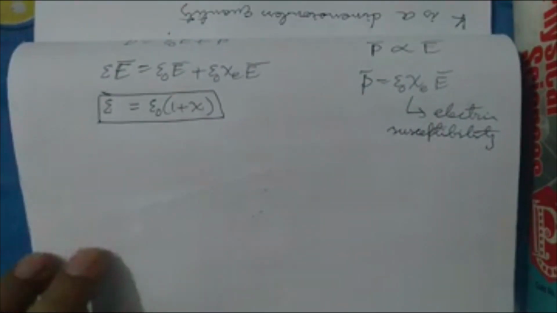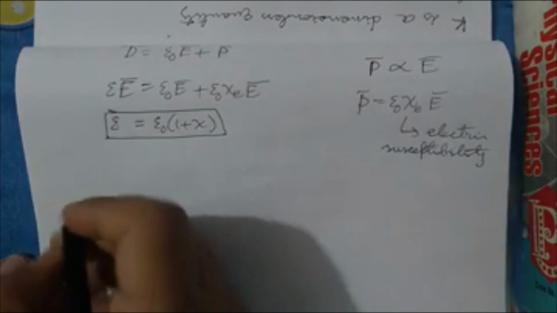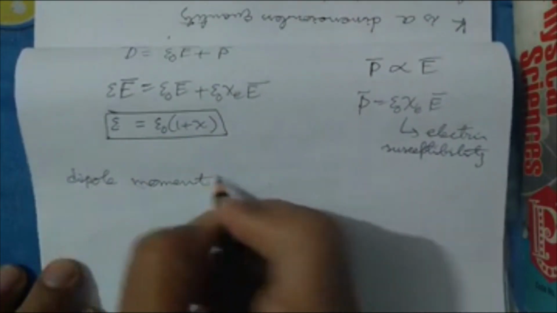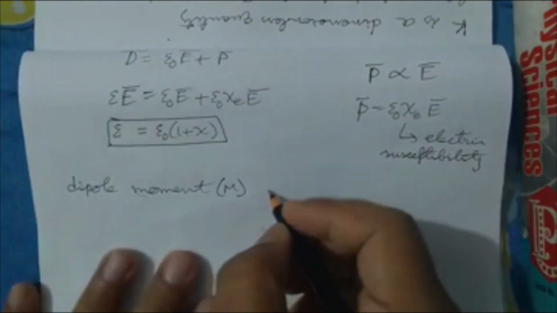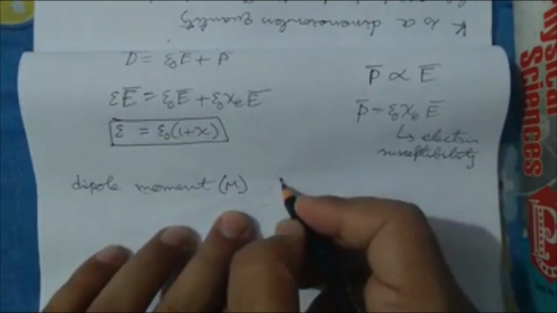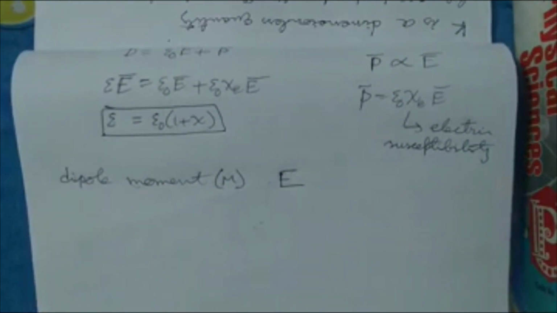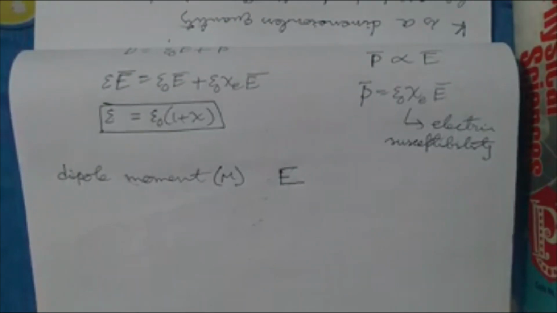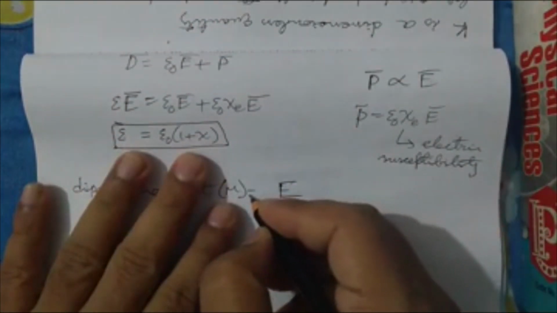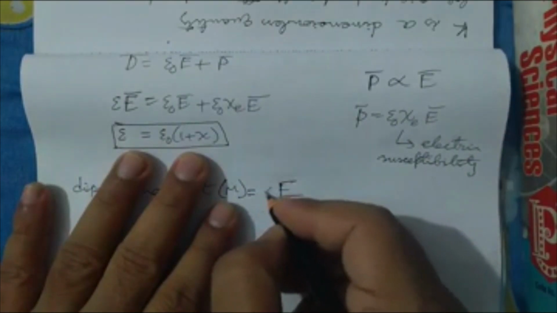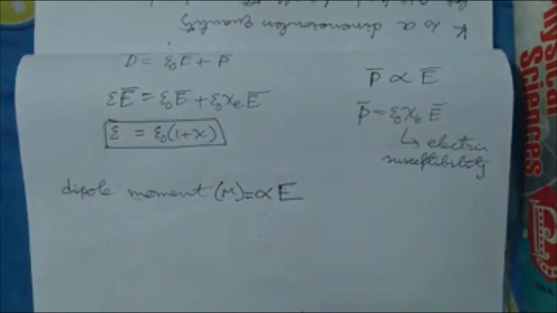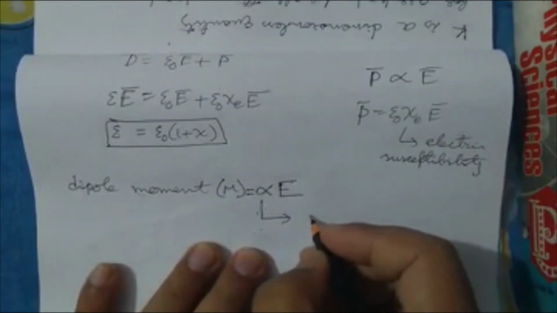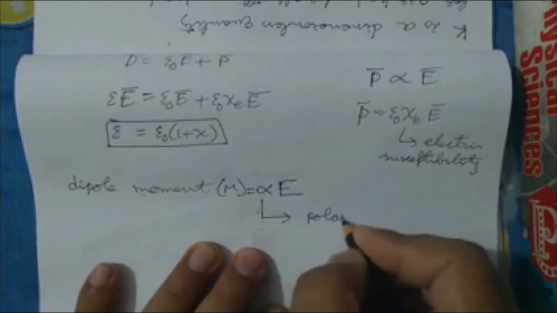Now another thing is that the dipole moment is denoted as mu. So mu will be proportional to E, because the more the electric field, the more the dipole moment. So a proportionality constant is given, written as alpha, where alpha is the proportionality constant and is called the polarizability.